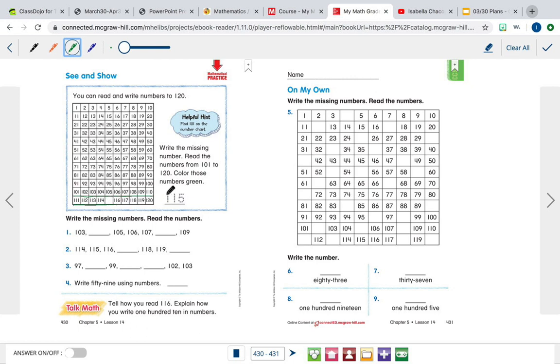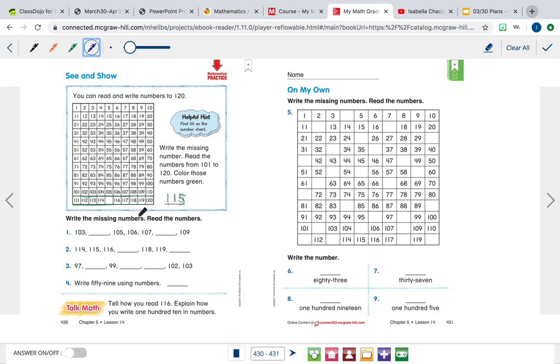I hope you said 115. Not the best at tracing. Still learning. Okay, so now let's write in our missing numbers. So our first missing number, let's make this a little thicker.